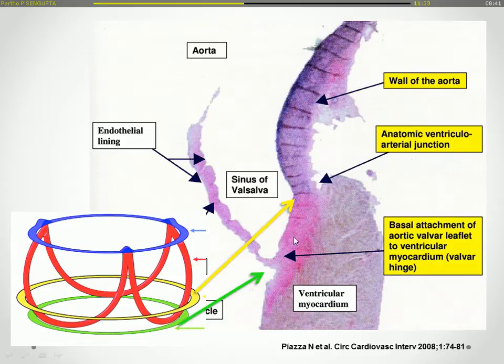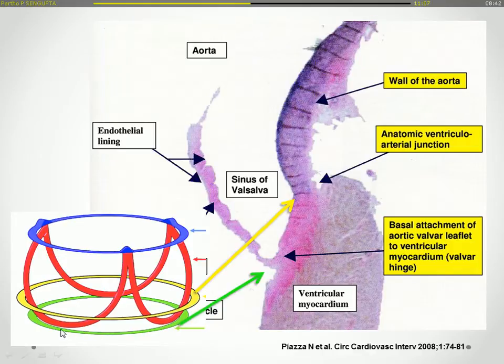And this incongruity of the location of the annulus attachment and the anatomical ventricular arterial junction requires very careful consideration. And the reason for this incongruity is because of the hinge point. The crescentic aortic valves have a hinge point which is far lower than the anatomical ventricular arterial junction.